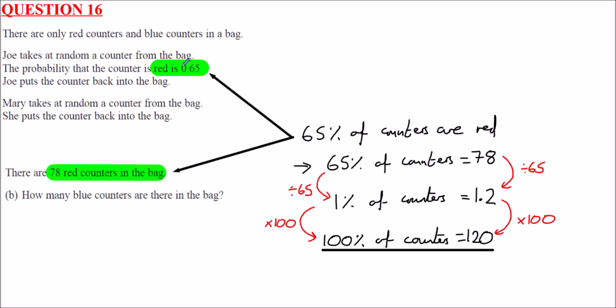The probability of a counter being red is 0.65. We therefore deduced from part A the probability of a counter being blue is 0.35. So therefore, as a percentage, 0.35 is 35%. So we can say that 35% of the counters are blue.